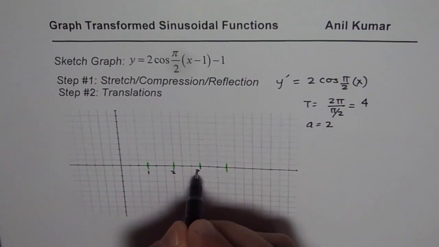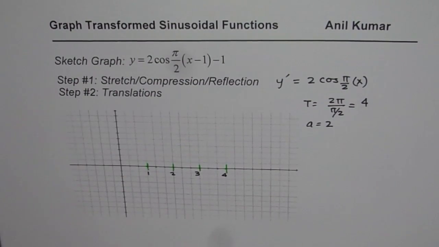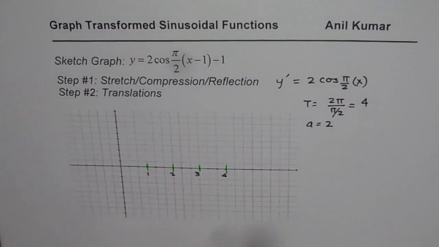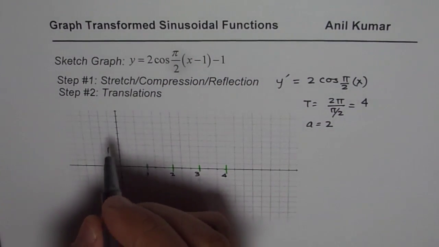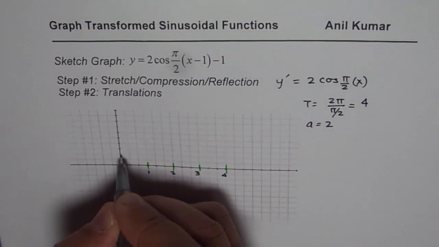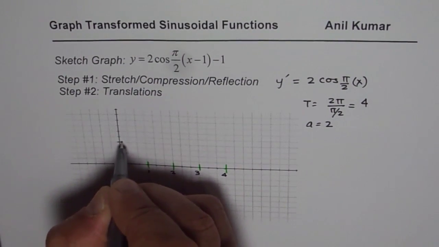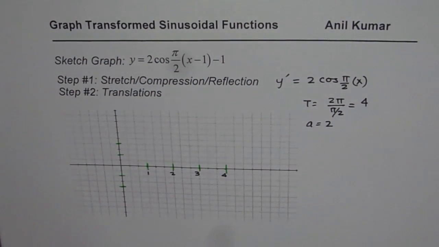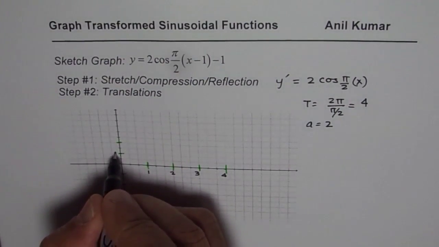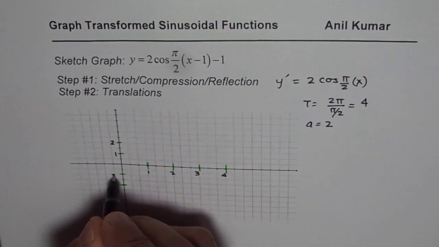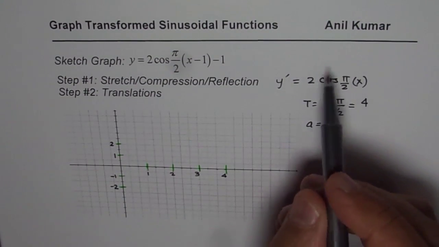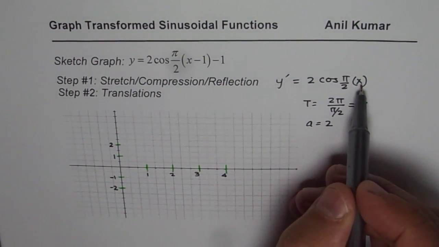Now the amplitude is 2, so on the y-axis this is 1, this is 2, minus 1, minus 2. Let us plot the points first for the function 2 times cos pi by 2 x.